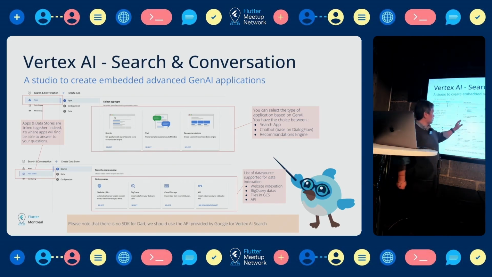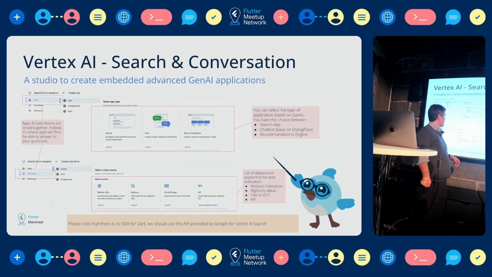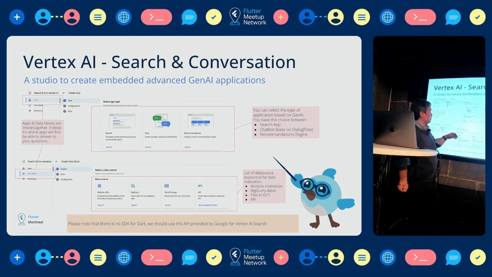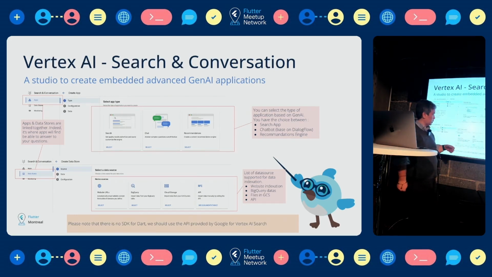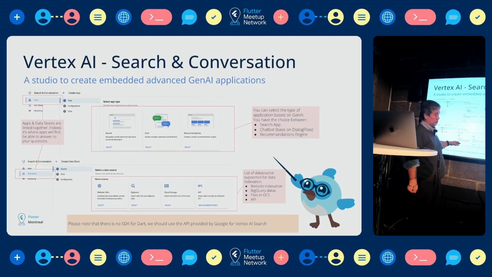To build these different applications, you are going to associate some data. It's called a data store. For each application, you can map one or more data stores. For the data store, you can get the source from a website. If you want, for example, to build a search engine, you can give it your website to index it and then ask questions about the website.